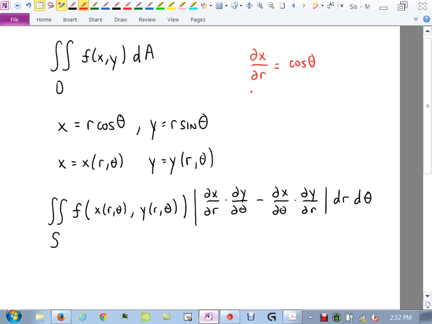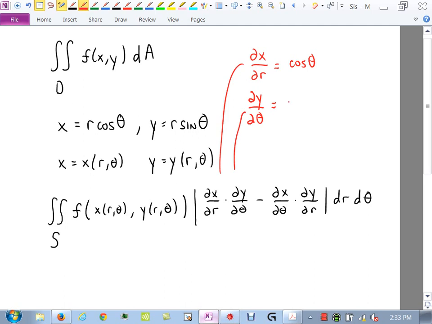And then what's the partial of y with respect to theta? I'm doing these two pieces right here. Well, theta's inside the sine, and r is a constant. What's the derivative of sine theta? Cosine theta, but then there's an r in front of it.